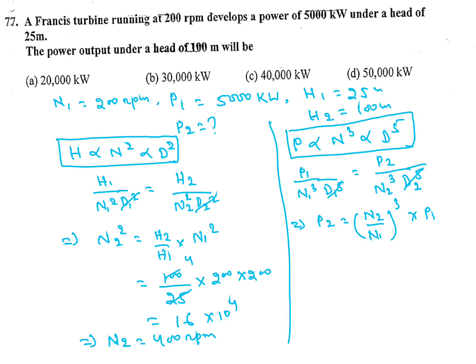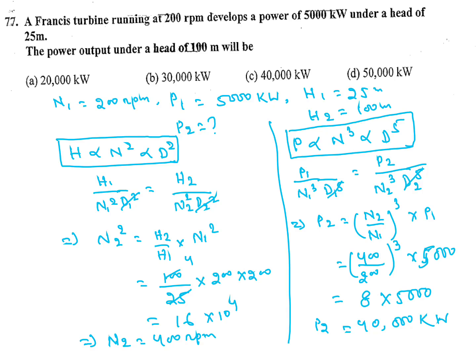So N2 we got 400 by N1 is 200, whole cube, into P1 is 5000 kilowatt. So 8 into 5000, so we'll get 40,000 kilowatt. P2 equals 40,000 kilowatt. So option C is our answer.